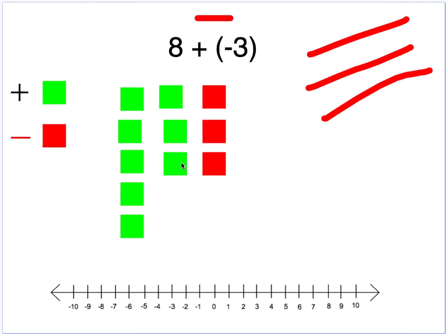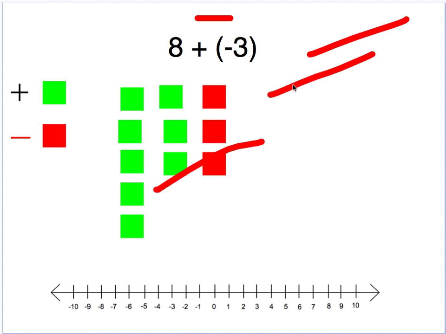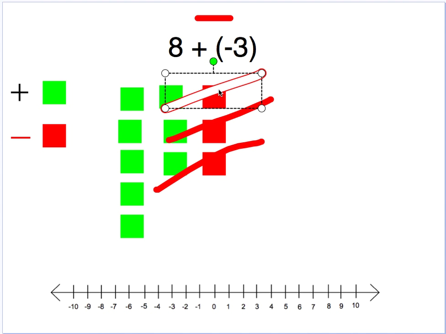When you have a +1 and a -1, it really just means that you have nothing. You have 0 because they are canceled out. So if those two are canceled out, these two are canceled out, and these two are canceled out, what's left over? We have +5.